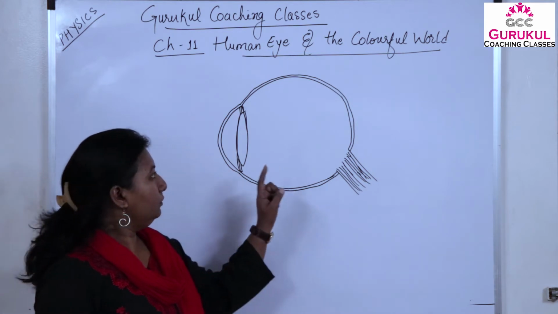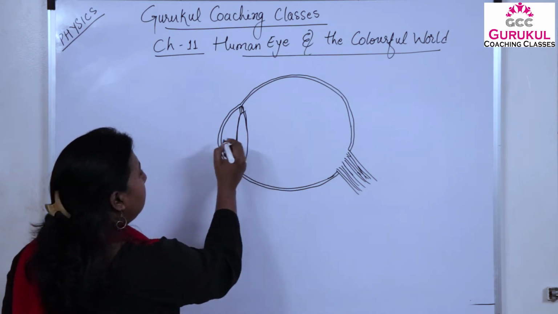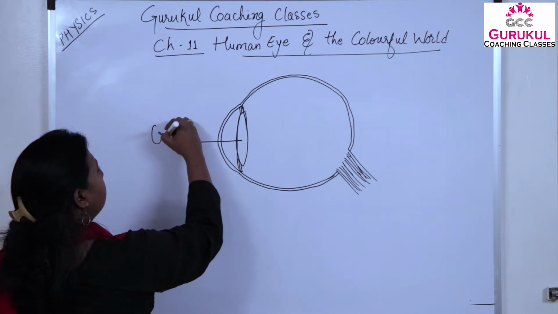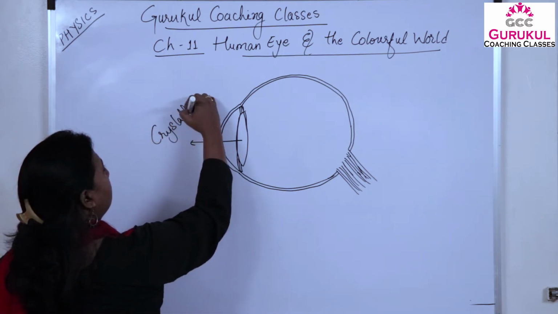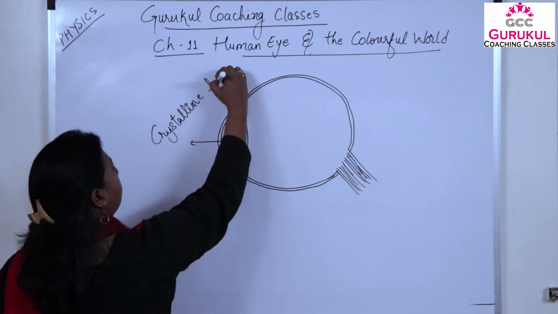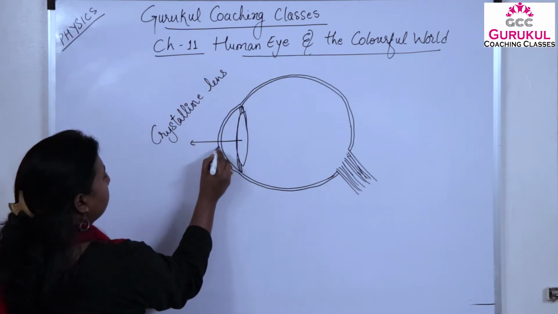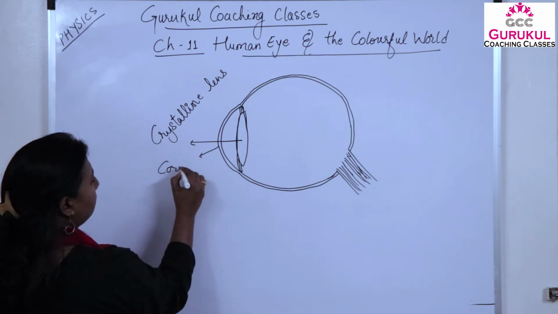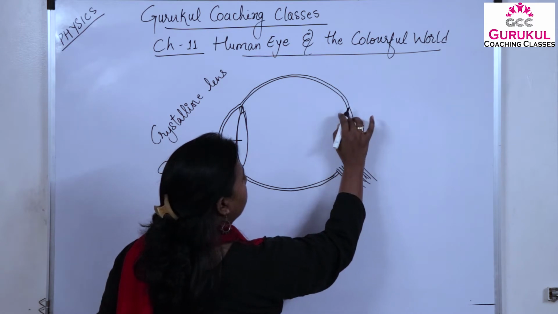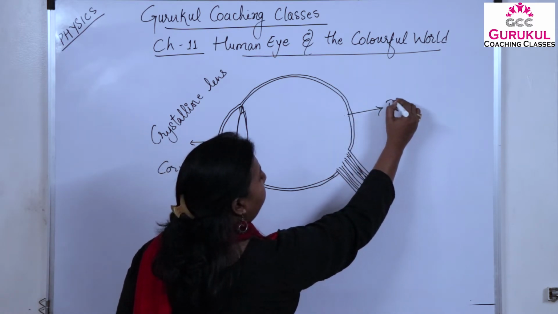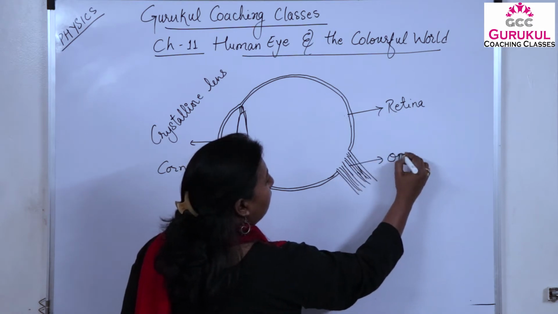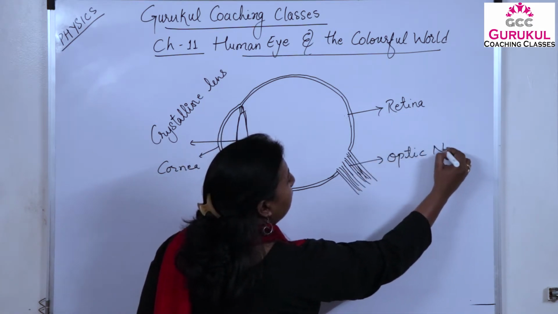Roughly I have drawn the human eye. This is the lens, crystalline lens. This is the cornea. Retina. Optic nerves.